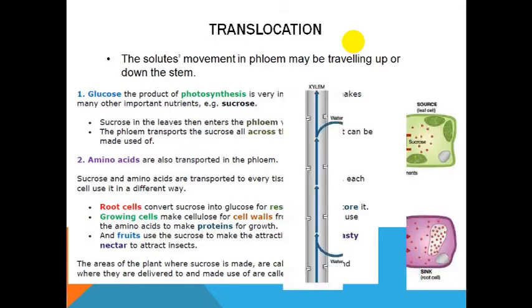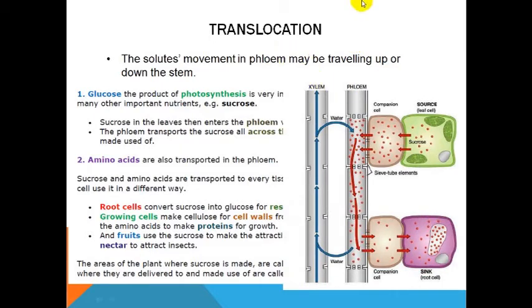Moving on, this diagram shows how translocation happens in the phloem. We know that in the phloem there are companion cells and sieve tube elements. The sieve tubes have small pits, small holes, that enable the glucose and amino acids to pass through the phloem.